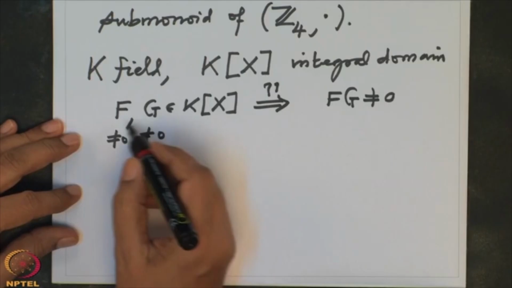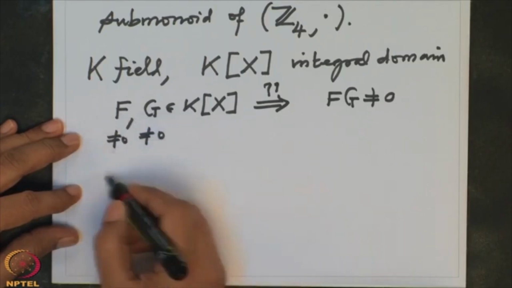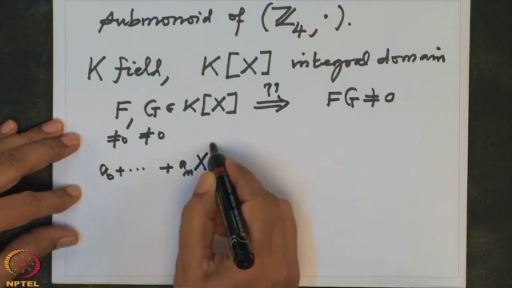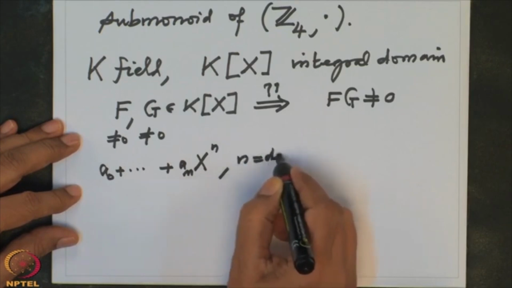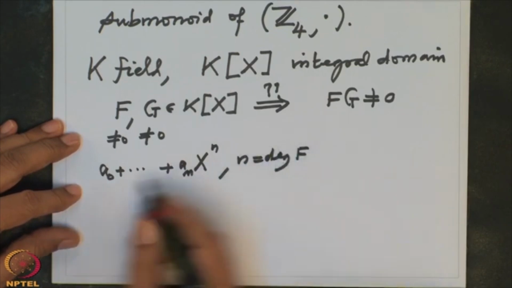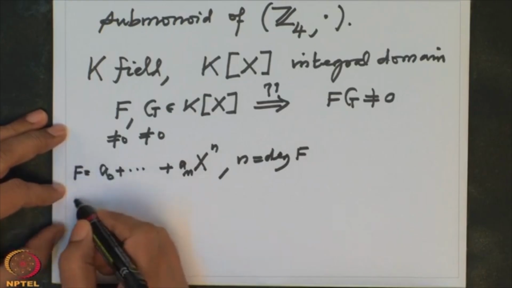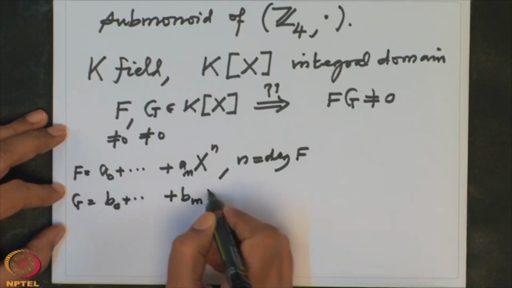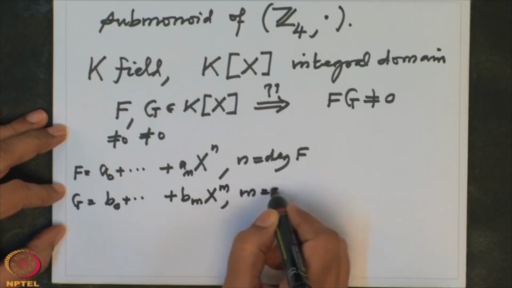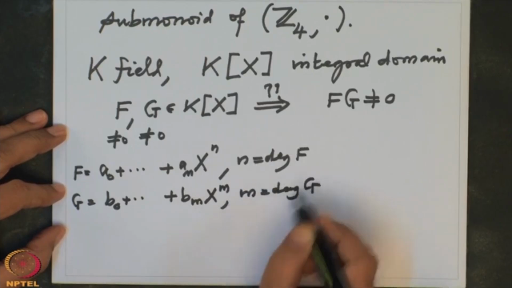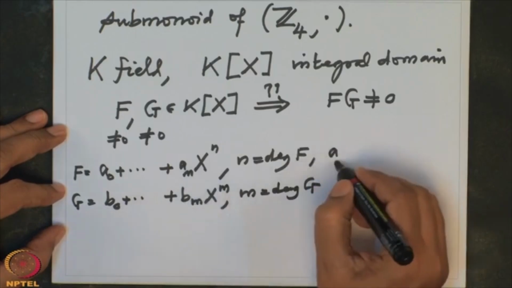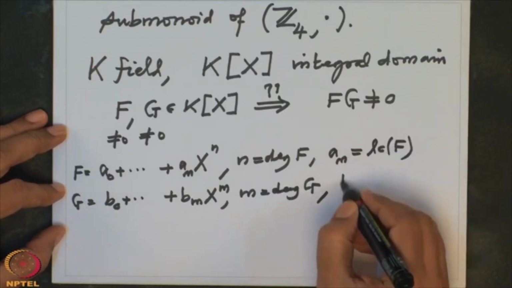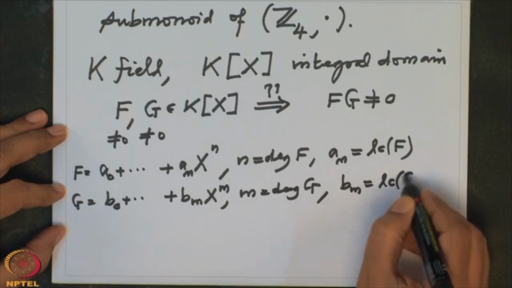But that is, because you see here f is a non-zero polynomial, so it has a leading coefficient. The degree is n. Degree may be 0. The constant polynomials precisely have degree 0. g is also looking like this, b0 plus up to bm x^m, where m is the degree of g, and this an is the leading coefficient LC of f, and this bm is LC of g.